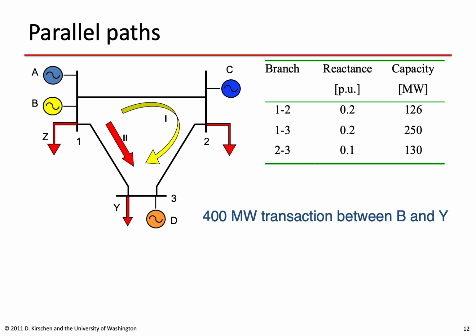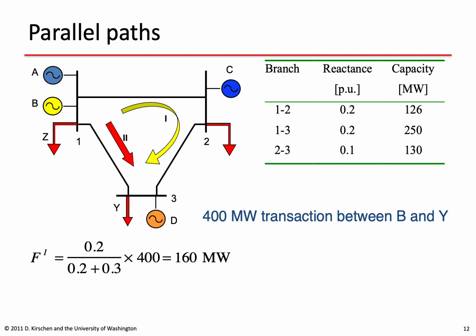So what happens to a 400 megawatt transaction between B and Y? Well, the amount of power that flows along path 1, that's the path that goes from 1 to 2 to 3, is equal to 0.2, which is the reactance of the branch that goes directly between 1 and 3, over the total reactance of both paths, so that's 0.2, again the reactance between 1 and 3, plus 0.3, which is the sum of the reactances of the branches between 1 and 2 and 2 and 3.